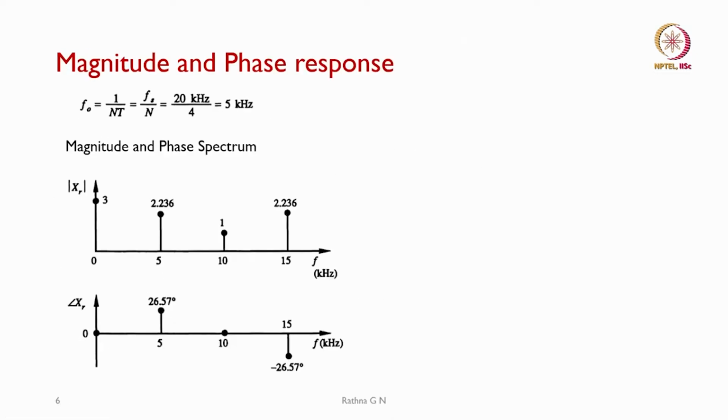Now we will see how the magnitude and phase response is going to look. We have been given the sampling frequency Fs as 20 kilohertz, and N is 4. If I substitute, Fs by N is 5 kilohertz.